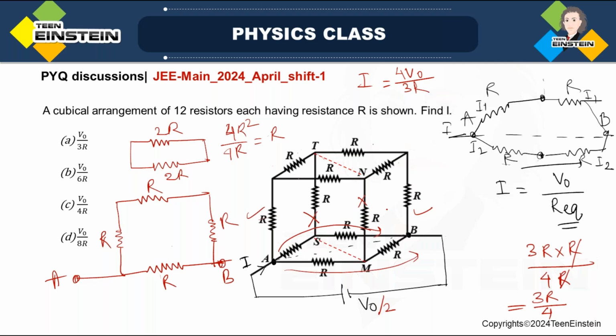Okay, let me just check the question once, whether I have made some mistake. A cubic alignment of 12 resistors, each having resistance R, is shown. Find I. Excuse me.